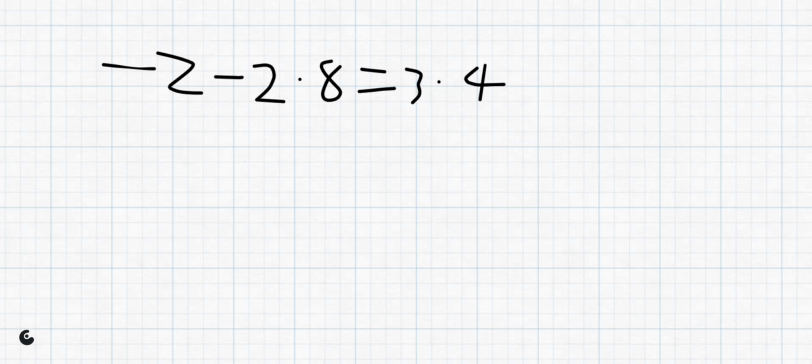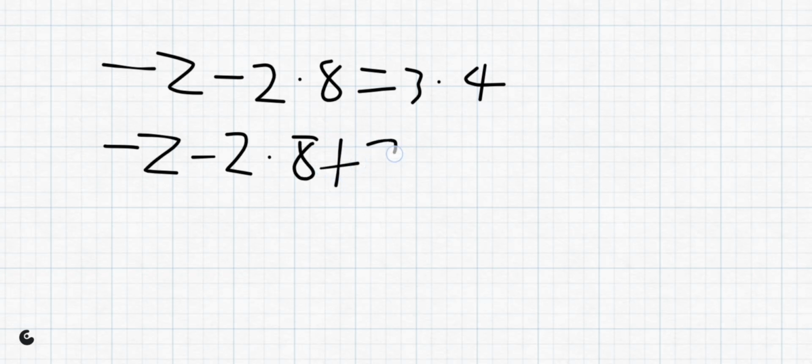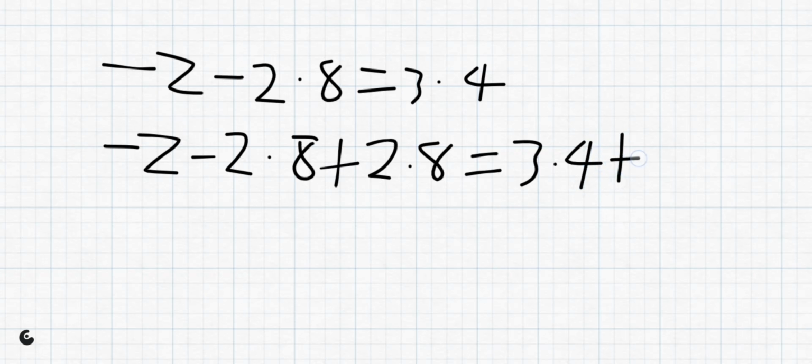Now we add 2.8 to both sides so that we have only z, so we have minus z minus 2.8 plus 2.8 equal to 3.4 plus 2.8.